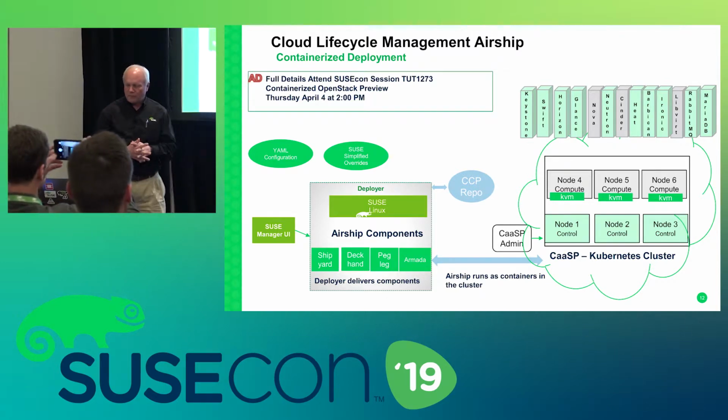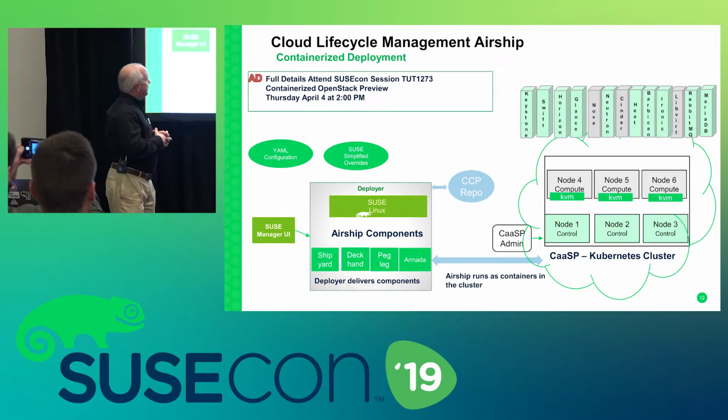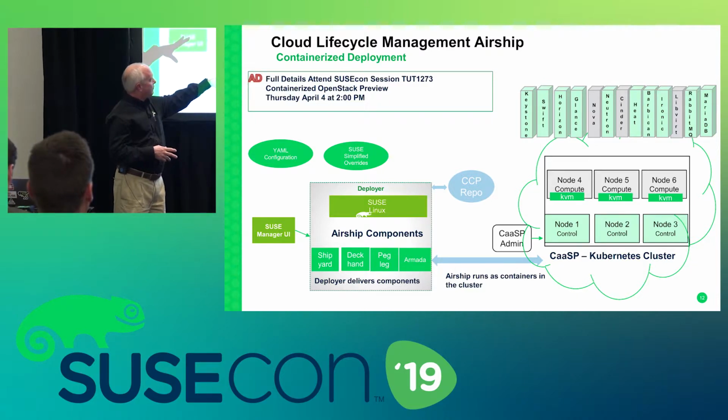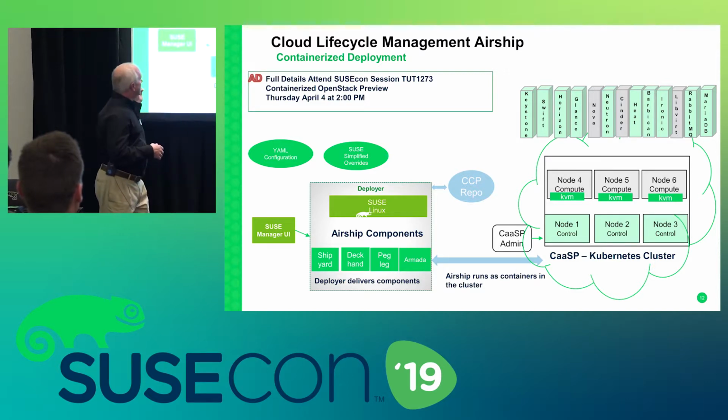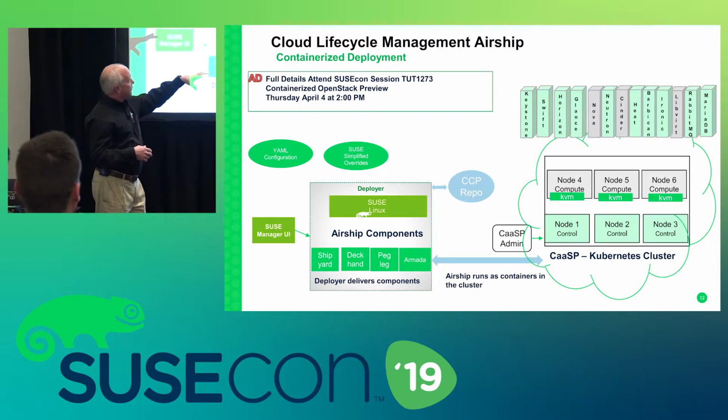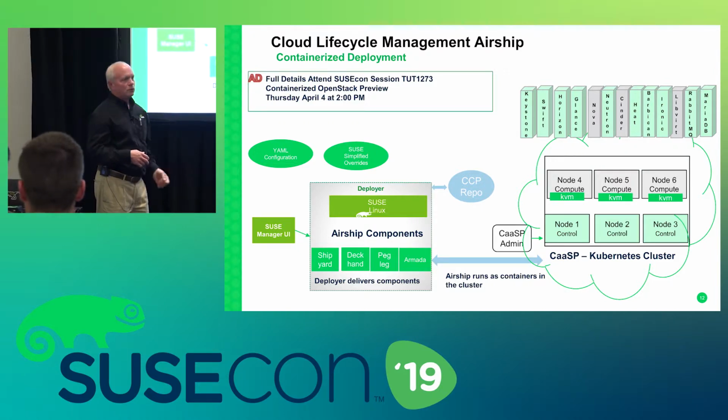So this is a picture of Airship. You can see on the right-hand side you have Kubernetes. Kubernetes just has worker nodes. And so what we do when we lay down the OpenStack application on top of a Kubernetes infrastructure is we label the nodes, either control or compute.